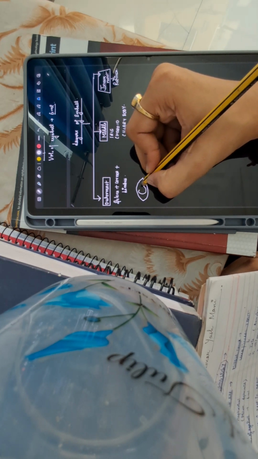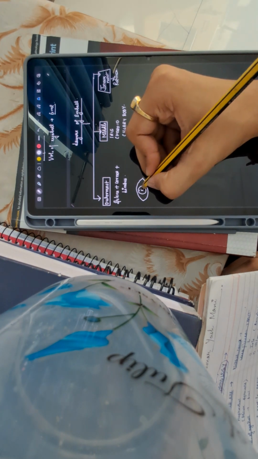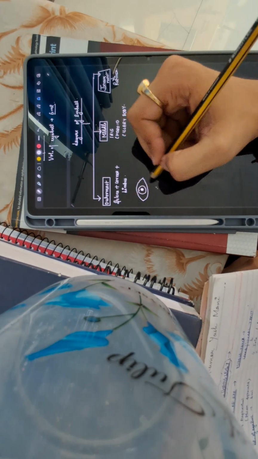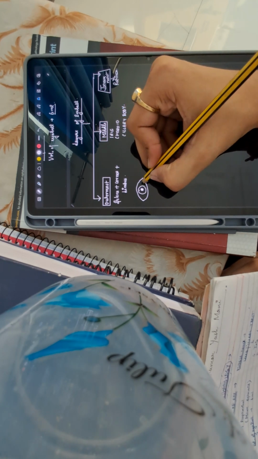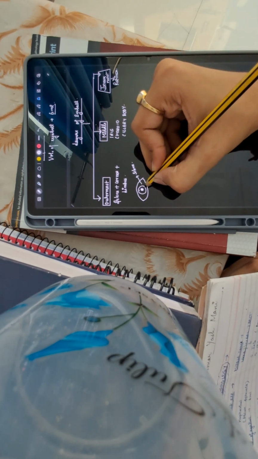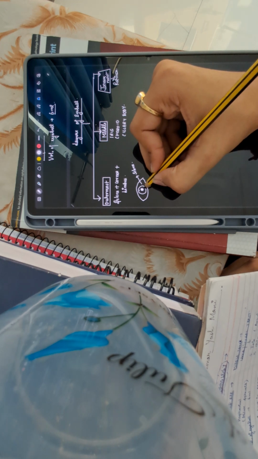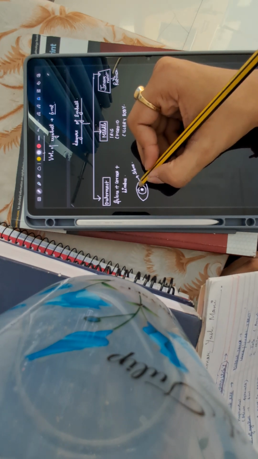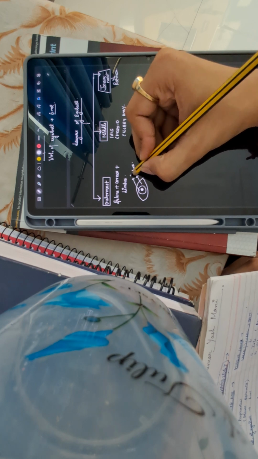So this is the eye, and this is what is visible right here. What I'm trying to draw is that this is the sclera. This is considered to be the cornea.